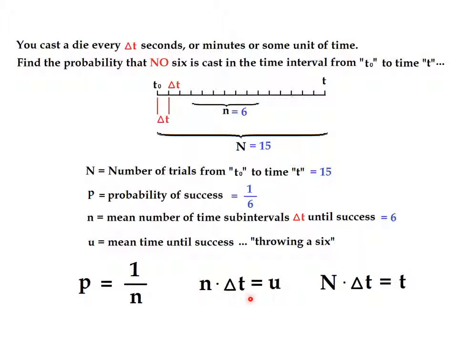Little n times delta t is u. In other words, 6 delta t units gives us the mean time until success. The mean number of time intervals until success is given here. And of course we have capital N, the number of delta t subunits within the entire interval. If we multiply the two together, we get t, the total length of our time interval.